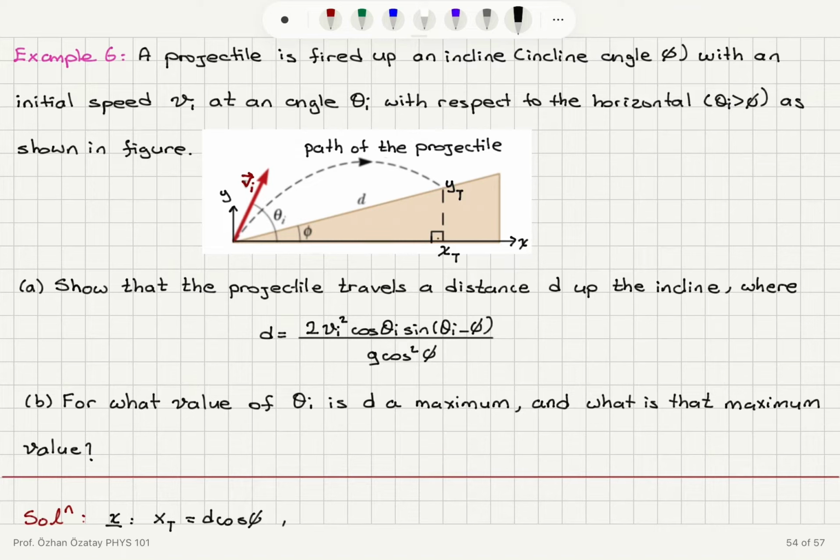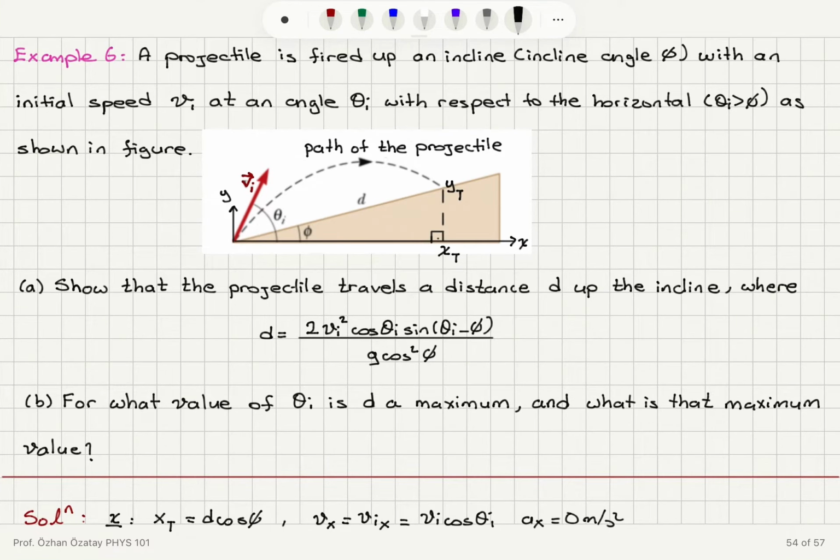So the x component of the velocity is the initial x component, because there is no acceleration on the x-axis, which is vi times cosine theta initial. ax is 0 meters per second squared.